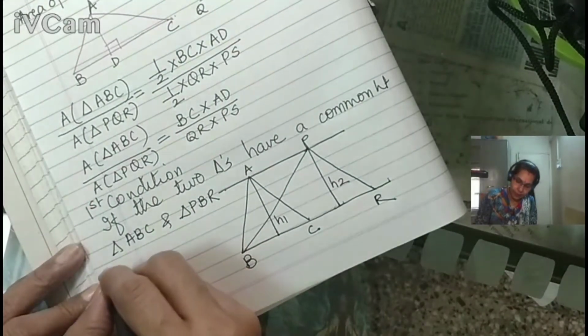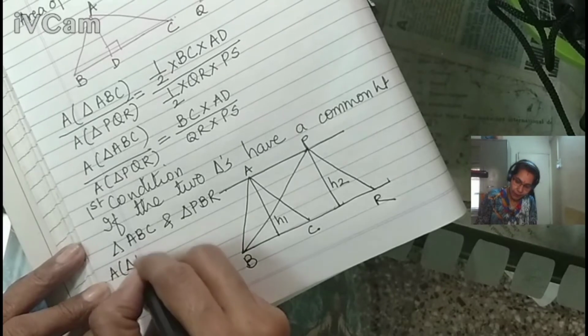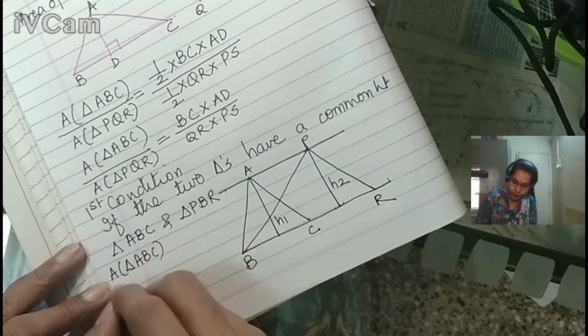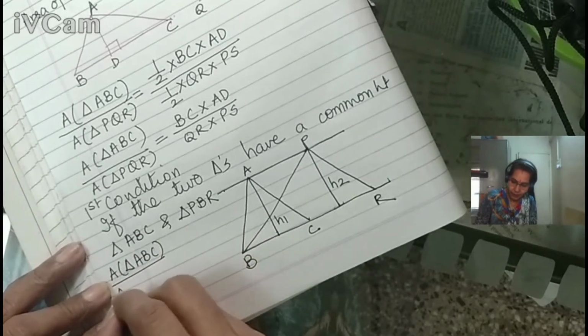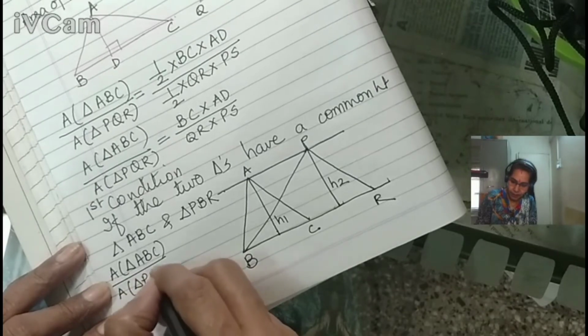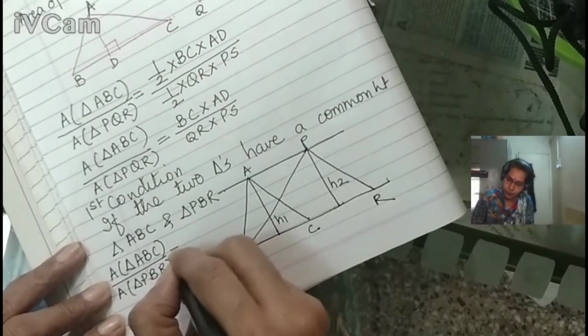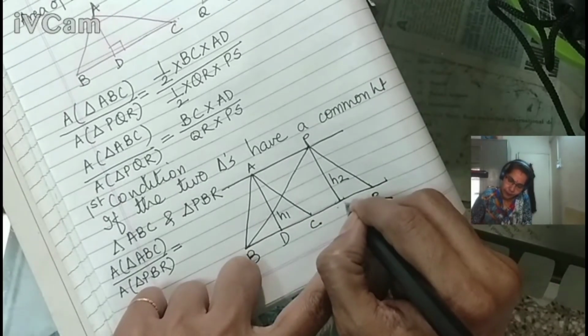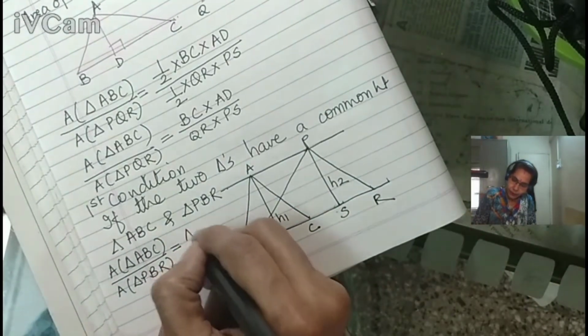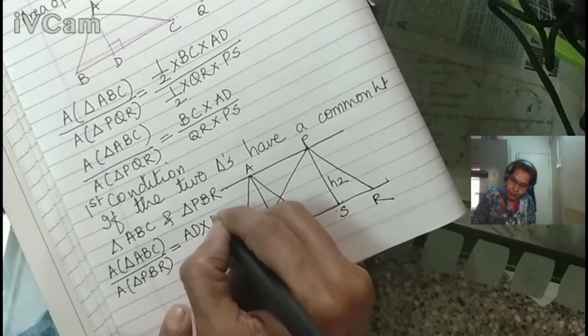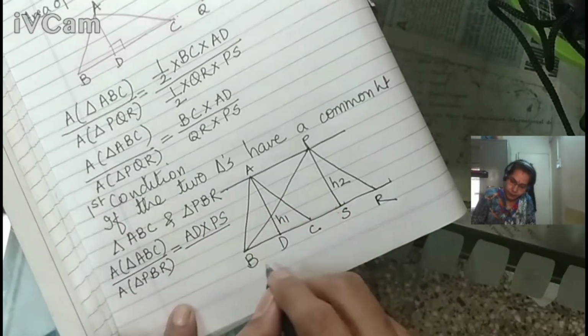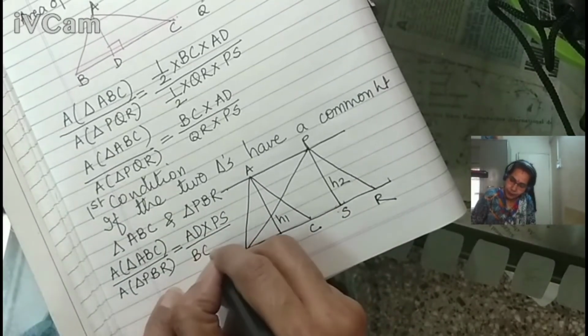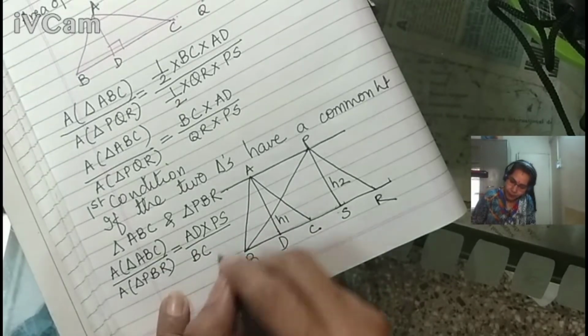If I consider the ratio, area of triangle ABC upon area of triangle PBR is equal to AD into BC upon PS into BR.